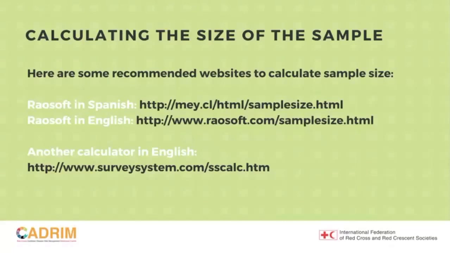They will ask you for information about your sample frame, or the total number of communities in the entire population that you want to analyze, and for the level of confidence, that we usually set at 95%, and the level of error, which will be 5%.